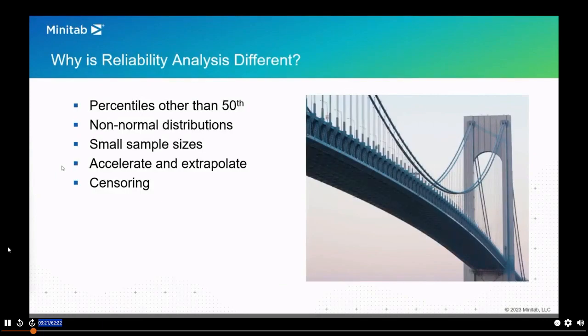So we're going to look at when 5% of our product might fail, or what percent might fail in the early warranty period. Because we're not concerned as much about the center of the distribution, we're estimating the tail ends. We often have to look at non-normal distributions. We don't have bell-shaped curves because, first of all, if you're looking at a failure time, it's going to be cut off at 0. And now we have to actually look at the right side of that distribution. In addition to that, we often deal with really small samples.